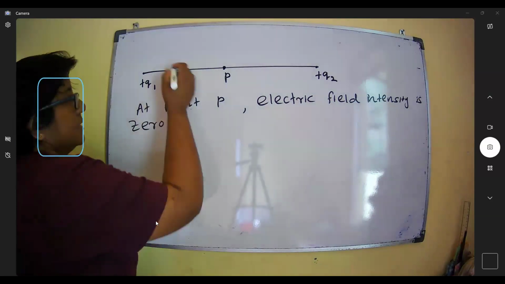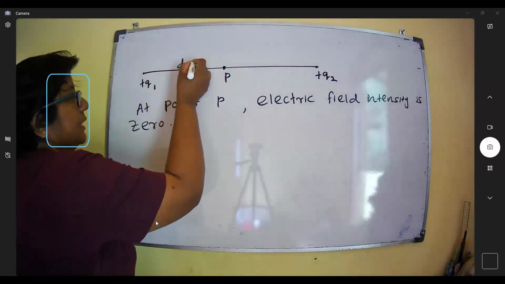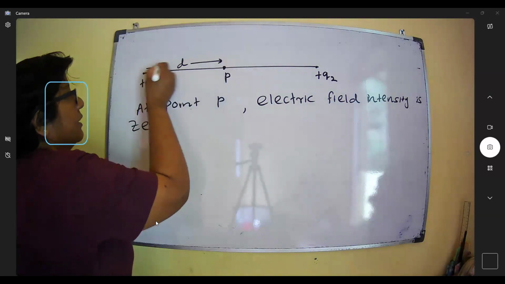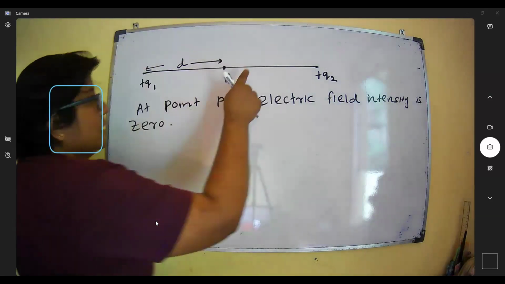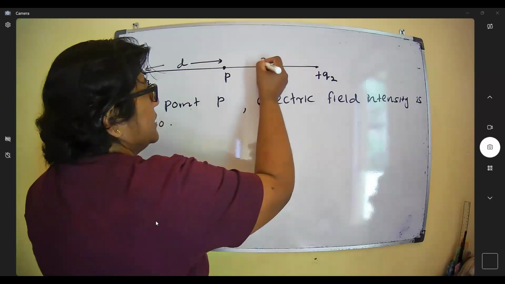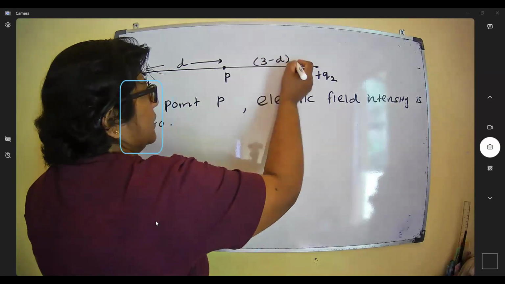Then take the distance Q1 to P as D. We know the distance between Q1 and Q2 is 3. So P to Q2 is 3 minus D.